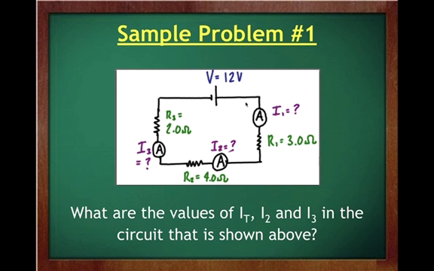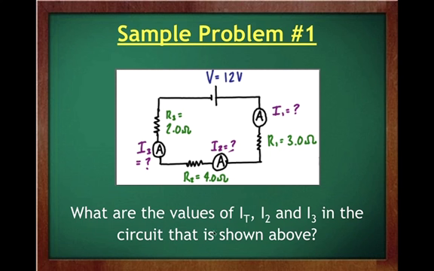If we had an ammeter connected here, what would be the current flowing through here? Down at the bottom, our second resistor has a resistance of 4 ohms, and again we're interested in what is I2, the current flowing at that particular junction. And our third resistor has a resistance value of 2 ohms, and we're again interested in what is the current flowing there.